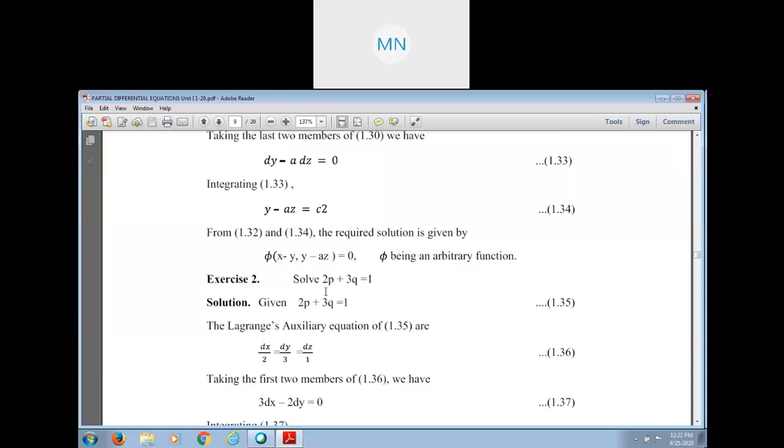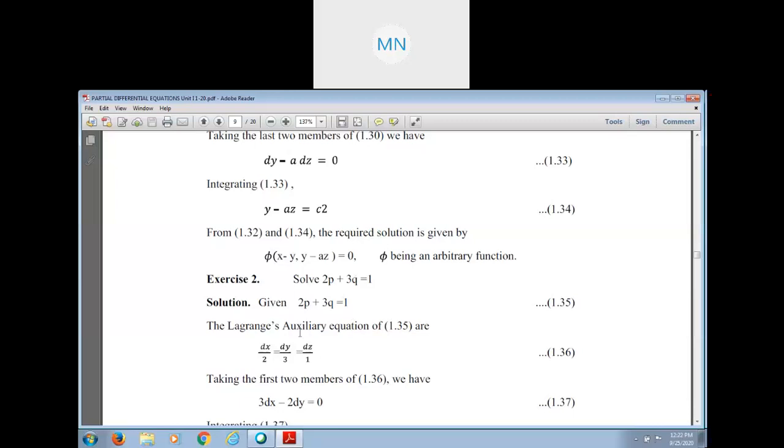So here capital P is 2, capital Q is 3, and R is 1.